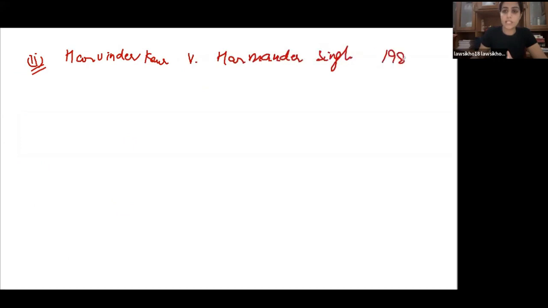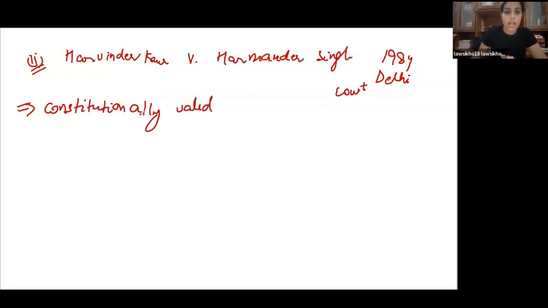Okay, let's move to another case. This is of 1984 Delhi High Court. The Delhi High Court held this provision as constitutionally valid. And the reason given by the Delhi High Court was that, see, this decree is two in one ship. By virtue of this decree, the spouses get to know they have two options.